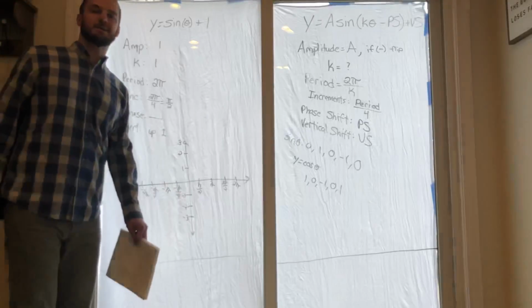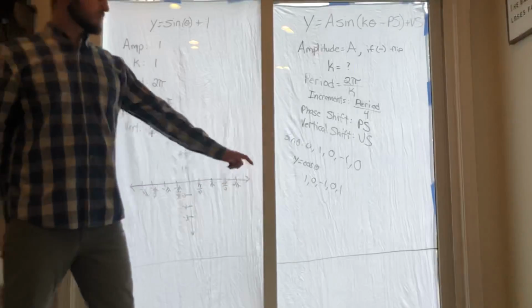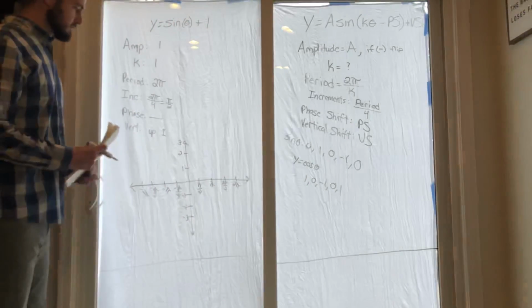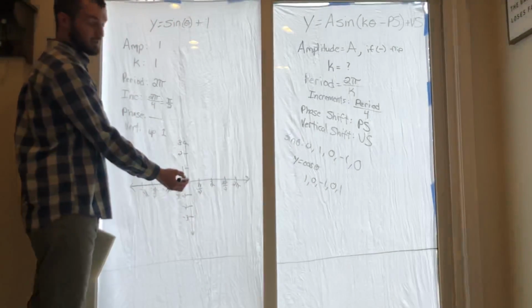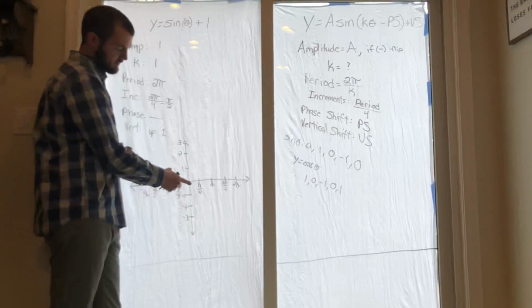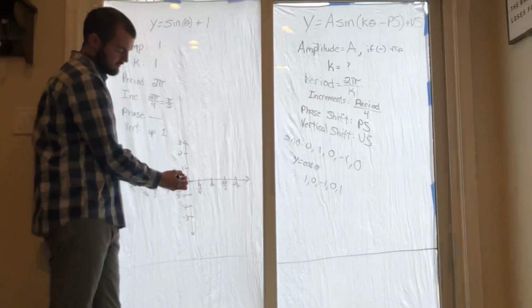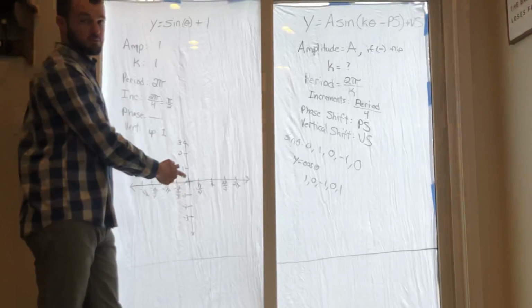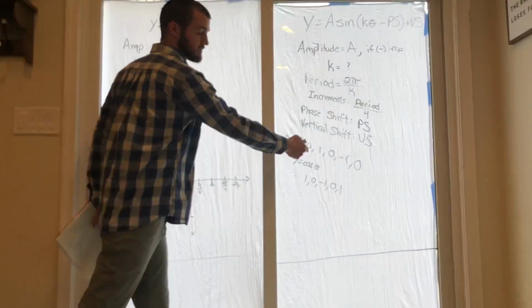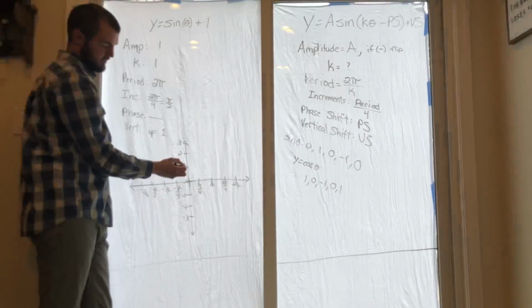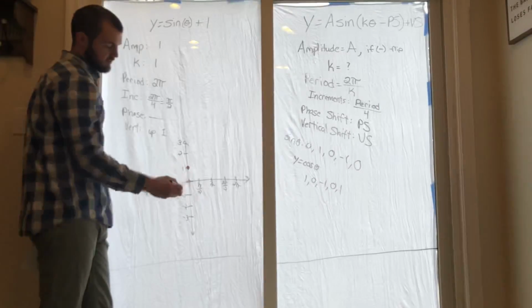Okay, now here's where it's super important that you guys remember this, okay? So, start in the middle. At 0, we're doing sine, right? So at 0, what is sine? Sine at 0 is 0, but because we have a shift of up 1, 0 plus 1 is 1.